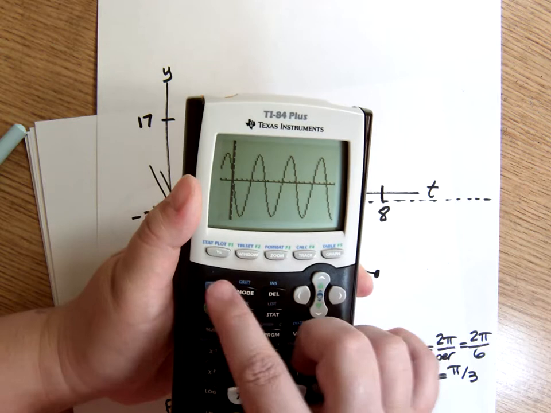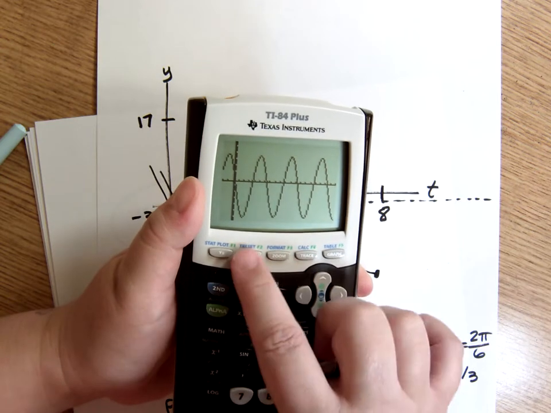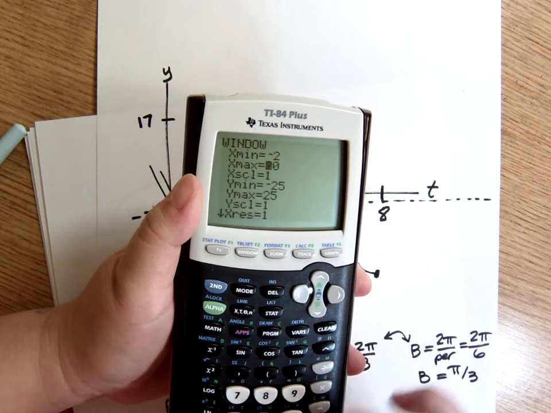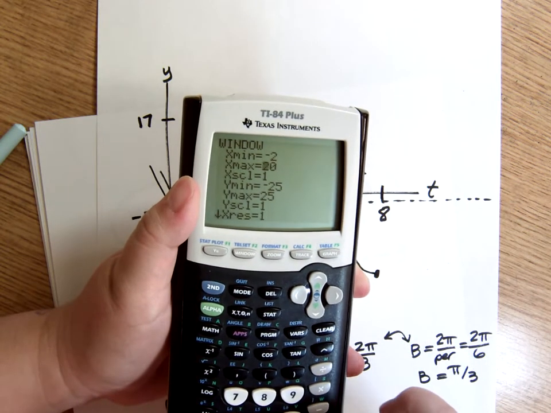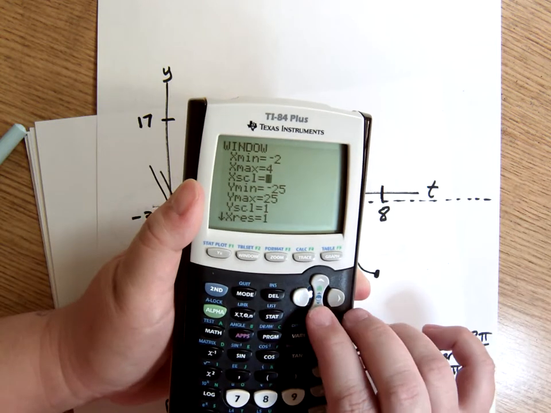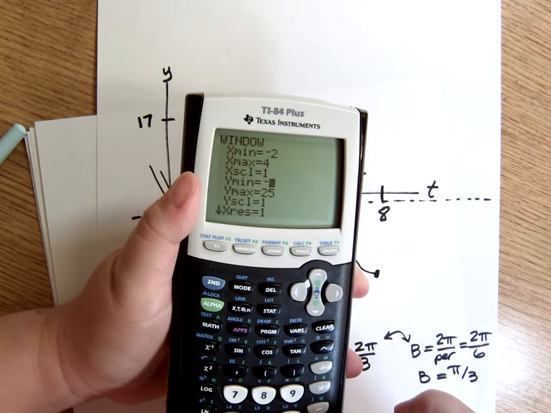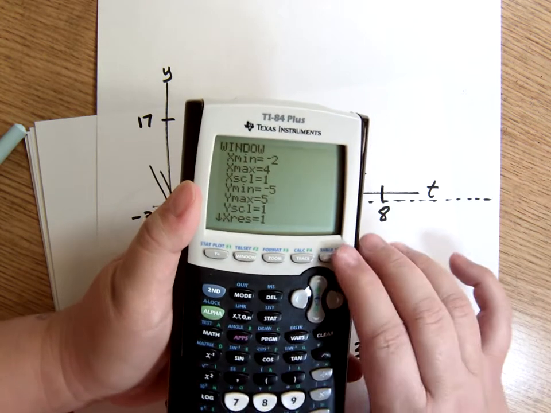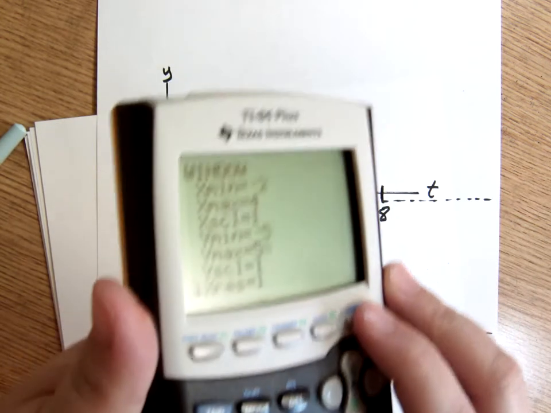I'm going to go ahead and say window. I'm going to look just at x is negative 2, and you don't have to do this, but I'm just trying to show it to you a little better. X is negative 2 to x is 4, and y is negative 5 to y is positive 5. So I'm just zooming in sort of near the origin.